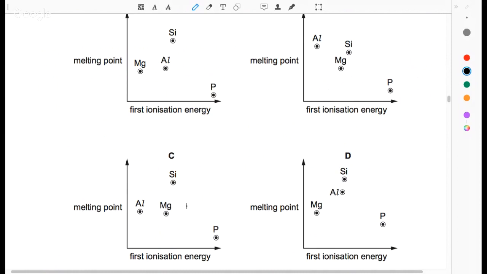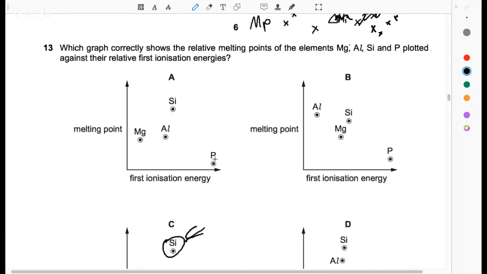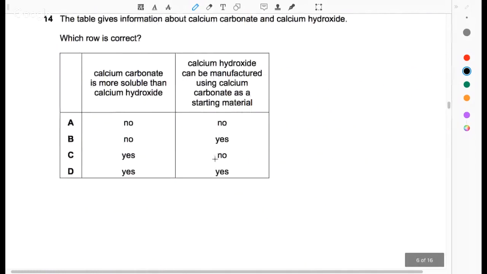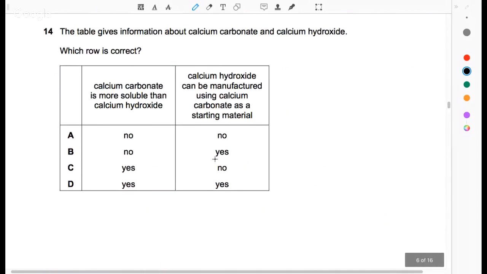Okay, so what about silicon? Silicon is a giant covalent compound, so it has the highest melting point. And phosphorus would have the highest first ionization energy because it's further to the right of the period.